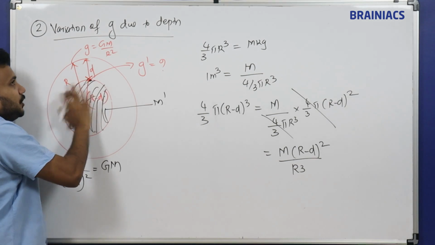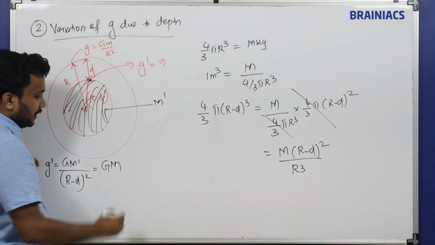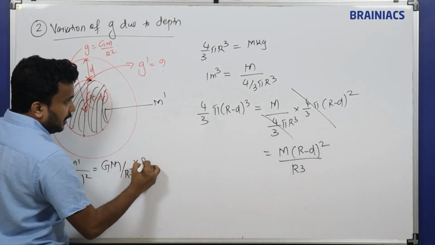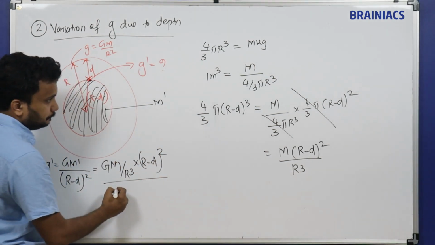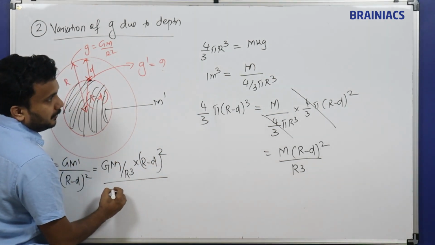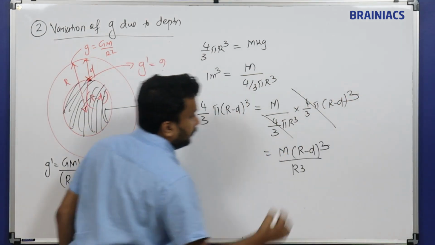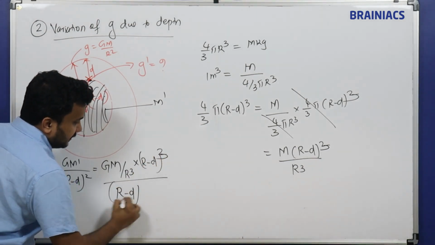Here it's not GM, it's G into M dash, the mass we have to consider for this region. So GM divided by r cube into r minus d the whole cube, whole divided by r minus d the whole square.